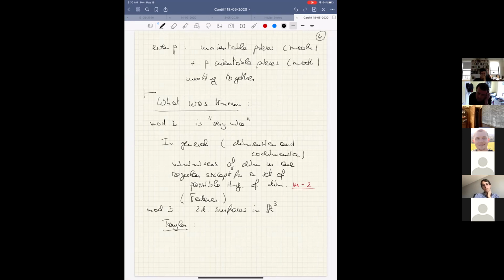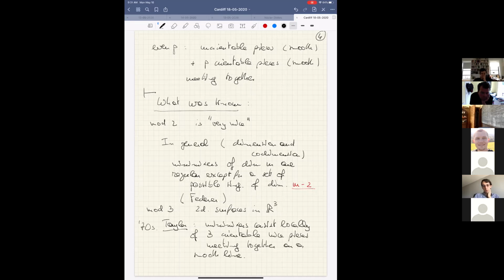And minimizers consist locally, at least, of three orientable nice pieces meeting together on a smooth line. Okay, and this is a result of the 70s.